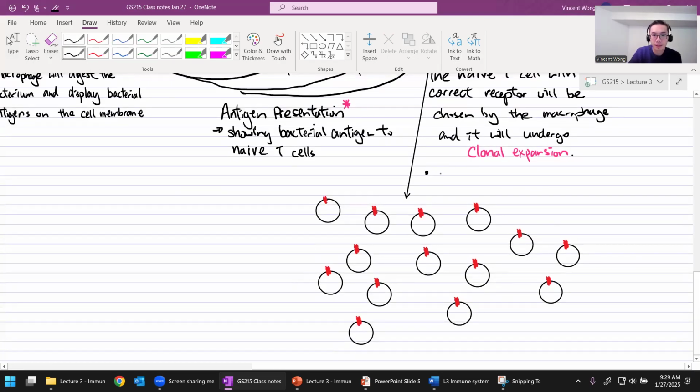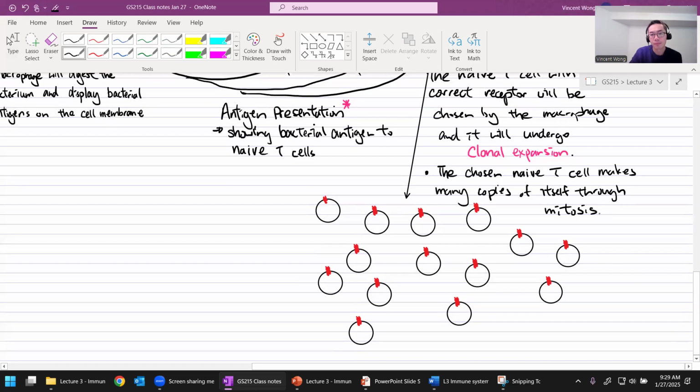The chosen naive T cell makes many copies of itself through mitosis. But they are still naive. They can't fight yet. They cannot fight yet.